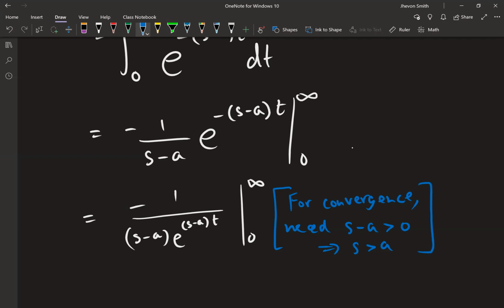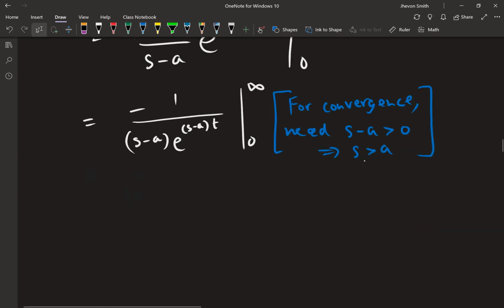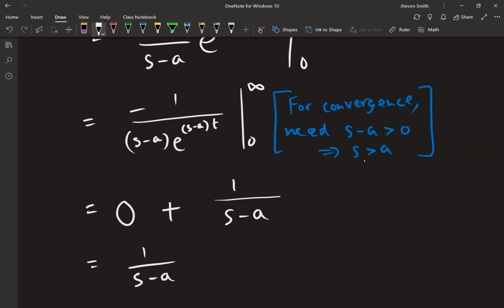s is still a constant with respect to this variable, but a is some other constant, and I just know that this integral will only work for values of s that are larger than a. Now once I plug in infinity, this goes to 0, fundamental theorem of calculus. And once I plug in 0 for t, I just get 1 over s minus a.